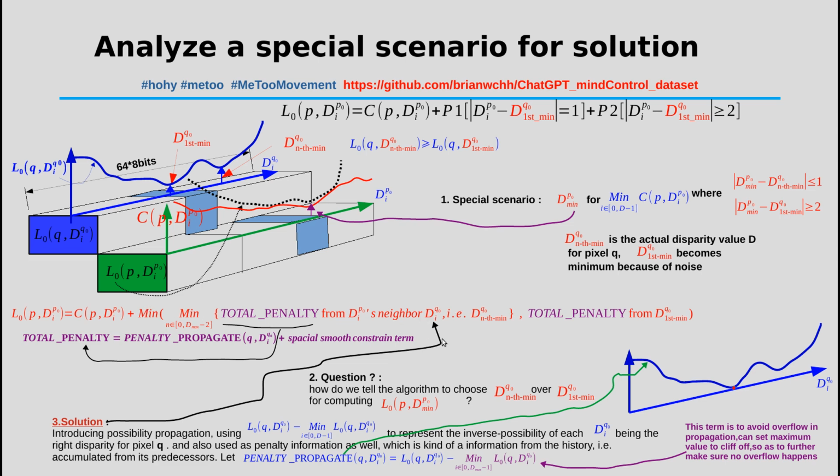Compare this minimum total penalty with the total penalty of that minus one. So if we consider not just one minimum but a second minimum, maybe we can add up to 10 or 20, and then you can compute many of these. But in this paper, they compared all the rest of the candidates. He's more greedy.